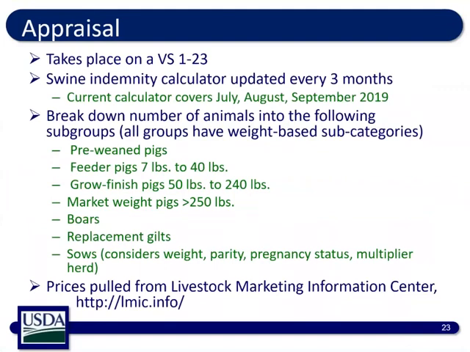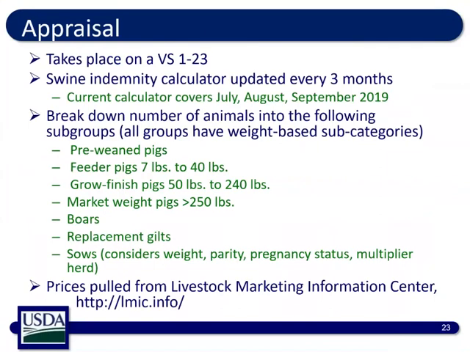And so the current calculator in place covers July, August, and September of this year, which would get us through the ASF exercises. And it's based on prices that we pull off of the Livestock Marketing Information Center website. The calculator itself is pretty detailed, and so it tends to break out into pre-weaned pigs, feeder pigs, growth finished pigs, and then market weight pigs.